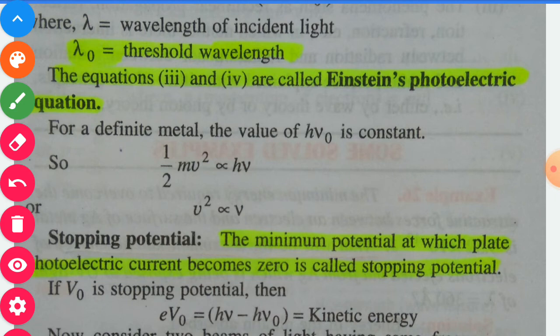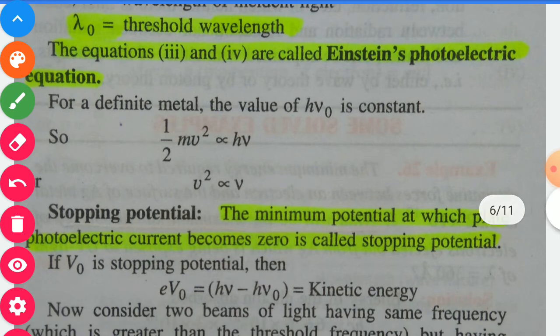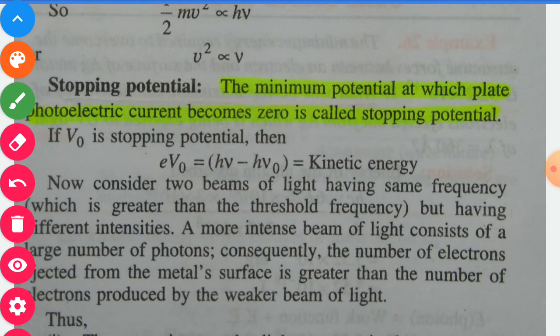Therefore the kinetic energy of the ejected electron is directly proportional to the energy of incident light, or we may say the velocity of the ejected electron is directly proportional to the frequency of the light which is incident on the surface of the metal. So here, if the threshold frequency, that is nu zero.